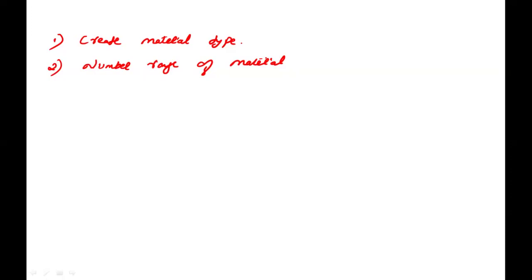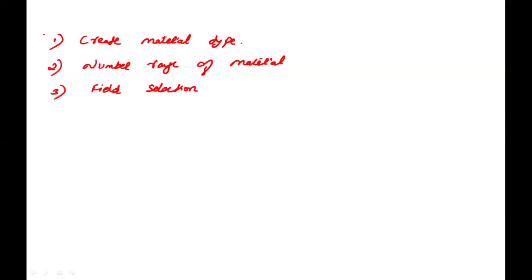Why was that field mandatory? Field selection, saying to the system which field is mandatory or which field is optional. So these are the three important configurations a consultant is going to do for material types.